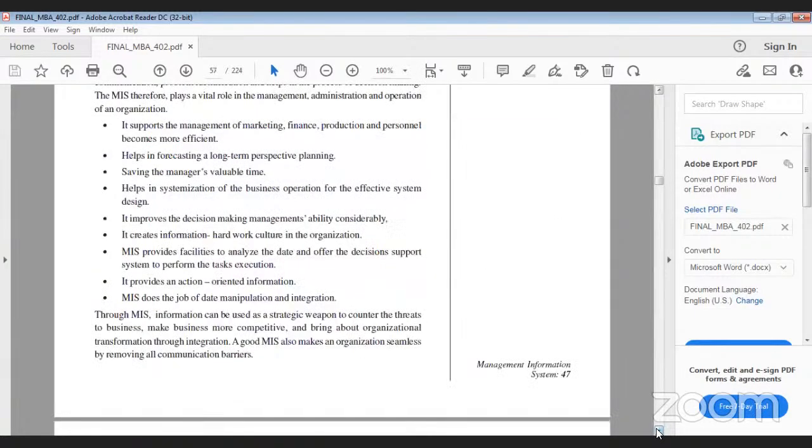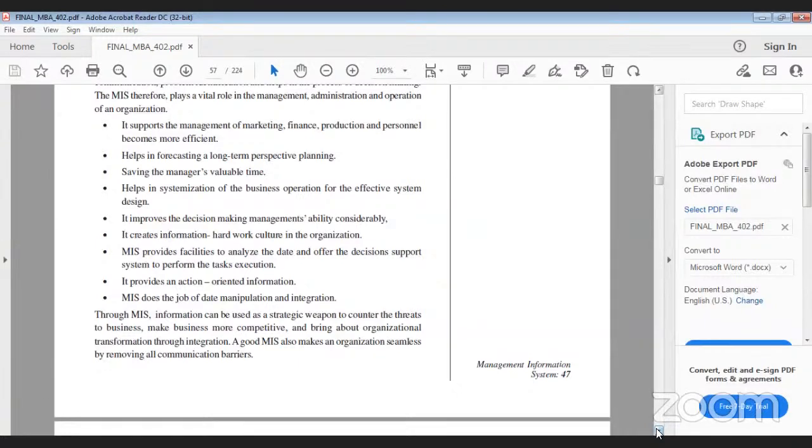Next point: MIS therefore plays a role in the management and administration of operations of an organization. First, it supports the management of marketing, finance, production, and personnel to be more efficient.